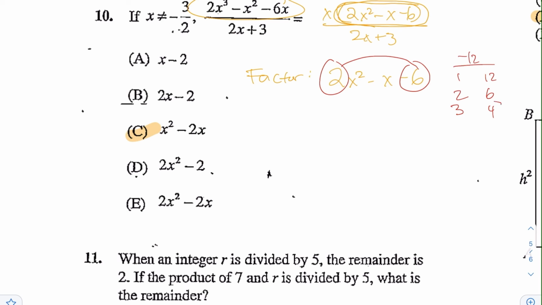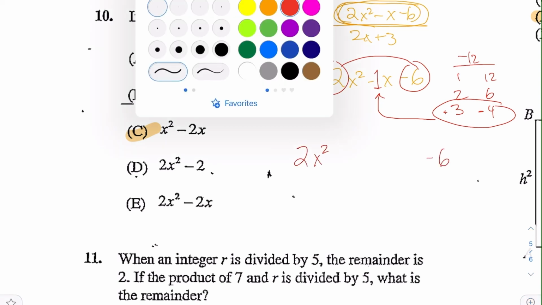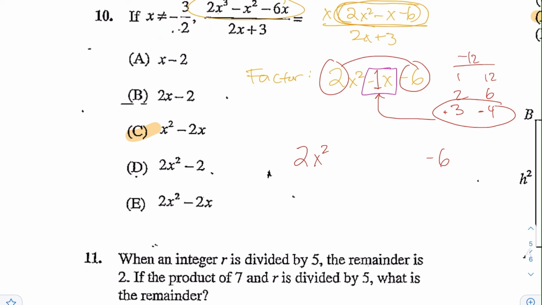And we see that 3 and 4 can give you the middle term if it's positive 3 and minus 4. So you'll turn negative 1x into two terms, positive 3x and then minus 4x. Positive 3x minus 4x is the same as negative 1x.